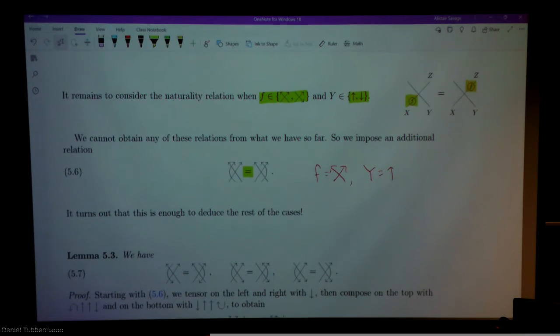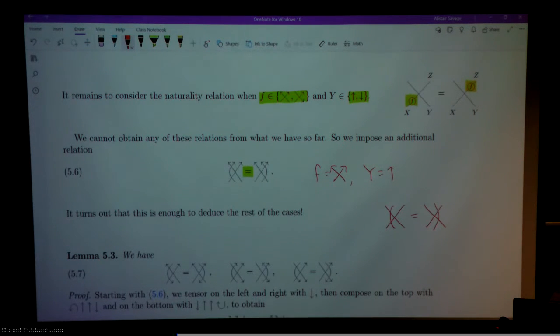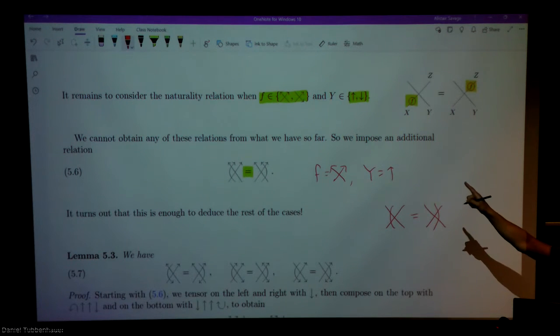What are the other cases we would need? A priori, for this braid relation, there are 8 ways to orient these 3 strands. But we don't need to prove all of those versions, because we only need the up crossing and right crossing to pass through.